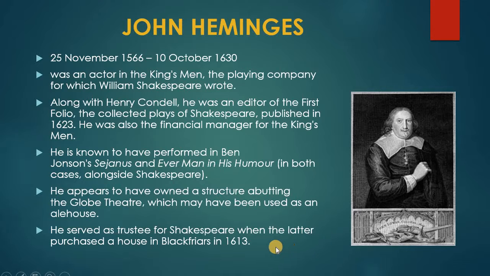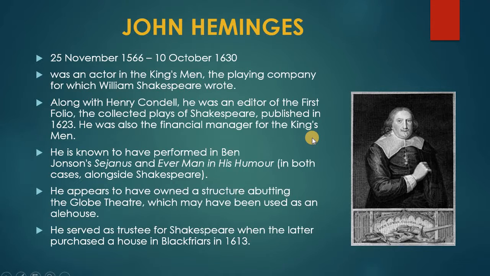So, as you observe, the five famous actors are connected to each other because William Shakespeare is the best known among them. We know that he is a playwright, the poetic person, but the four famous actors are connected to him.